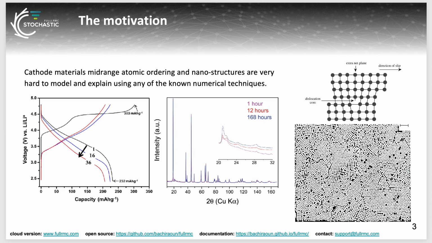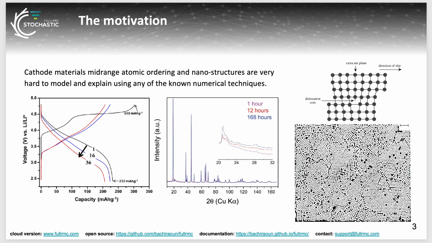So look at this TEM image here of the cathode material. There are some areas that are ordered, others that look more amorphous. We have some stacking faults, we have interfaces like here, we have dislocations, we have atoms taken out, insertions.